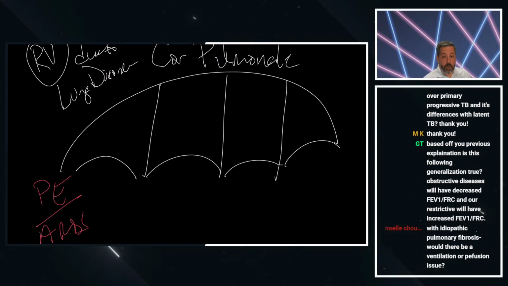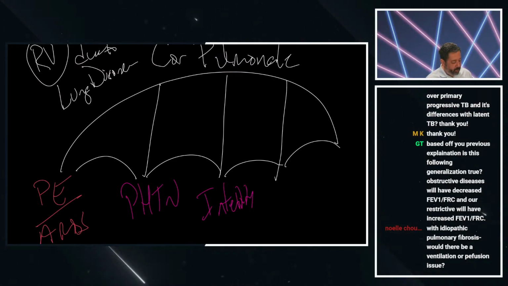But it also includes pulmonary hypertension, and interstitial fibrosis, which is the restrictive disease. These are all examples of cor pulmonale, which is right ventricular strain, failure, stress, whatever you want to call it, due to a lung disorder.